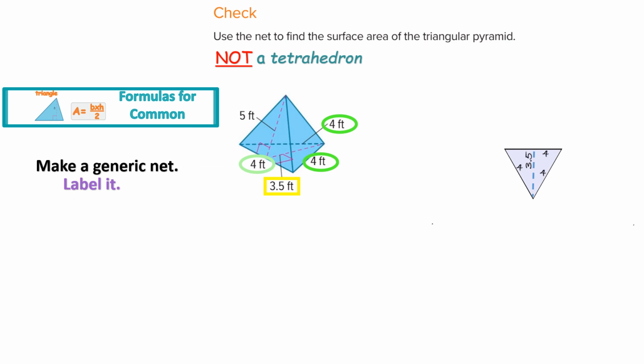Now, I'm just going to draw generic triangles. I try to make them look equivalent. And once again, I'm doing it and copying it on the computer, so it's going to look a little neater than what I would do in my own handwriting and what I would expect from you. But they can be super tall and skinny or short and fat. It really doesn't matter as long as I can tell that I'm going to be using the same measurements for each of these.